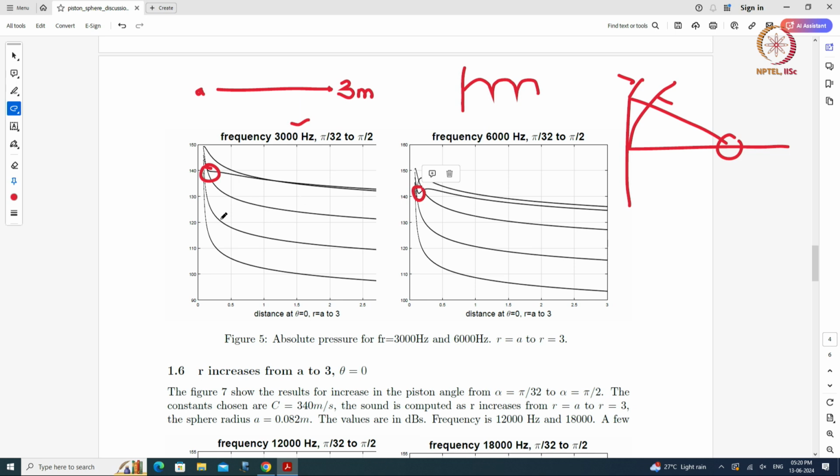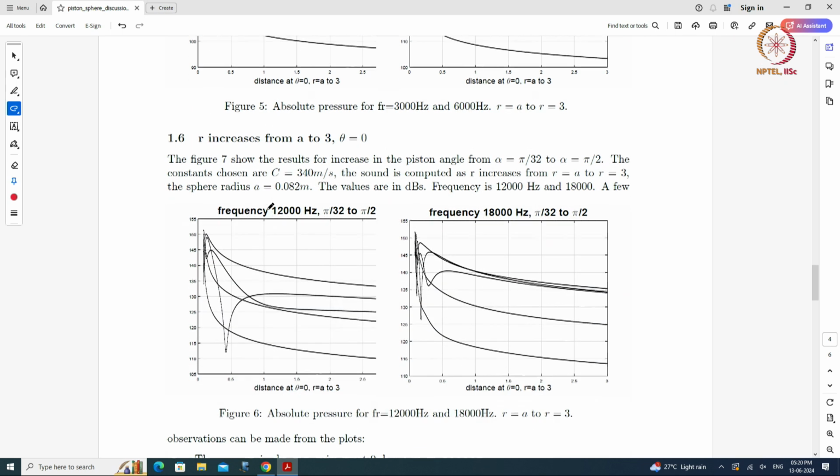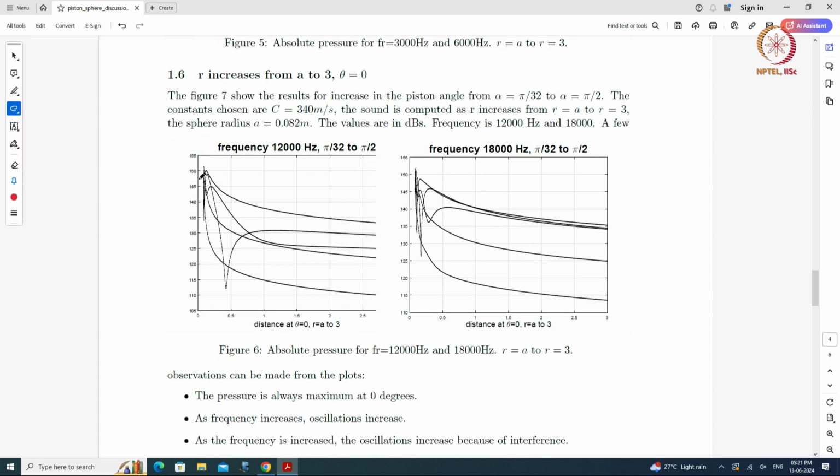Okay, if we go further, at 12,000 and 18,000, you can see that it is again trying to repeat the piston in a baffle behavior.